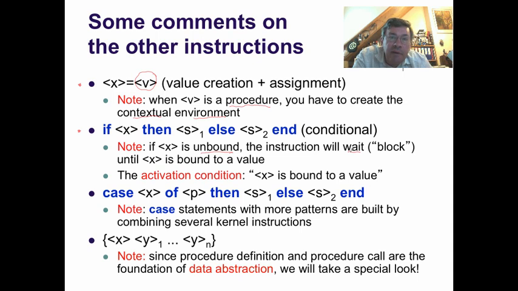Nothing will happen until x is bound. This is the basis of concurrent synchronization, of data flow synchronization, and we say that there is an activation condition. X is bound to a value is the condition that we need to satisfy in order for this instruction to execute.